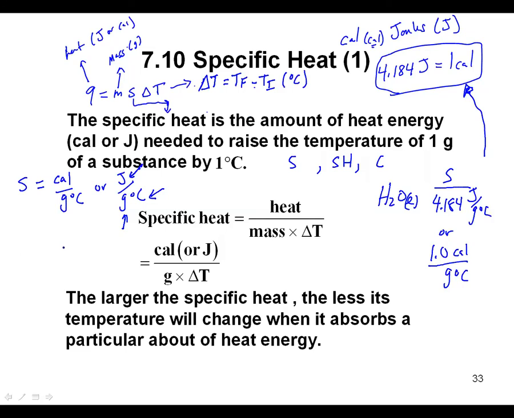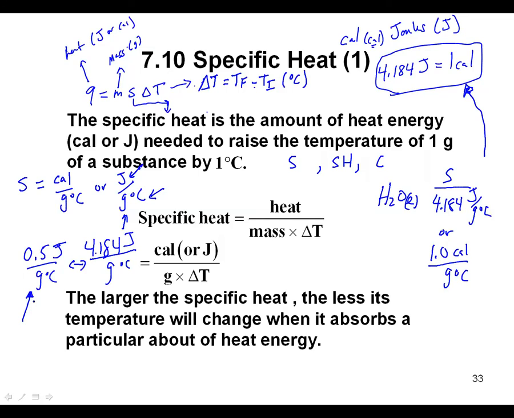For example, if something had a specific heat capacity of 0.5 joules per gram per degree Celsius versus water, 4.184 joules per gram per degree Celsius, you would see this one change temperature a little bit quicker, because it only takes 0.5 joules of energy to change the temperature of 1 gram of it by 1 degree Celsius.